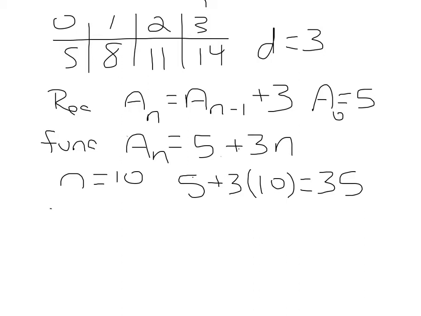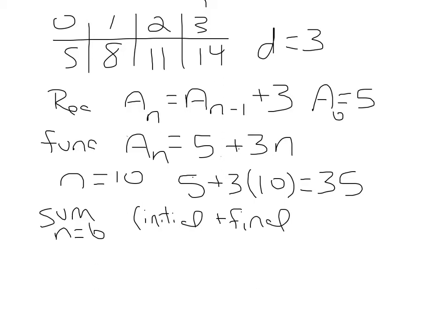D asks for the sum of the terms up to n equals 6. So the sum formula is the initial term plus the final term, multiplied by the number of terms, divided by 2.